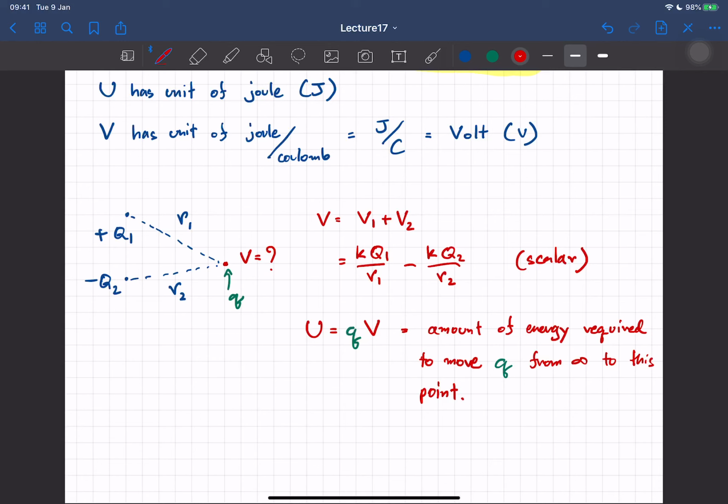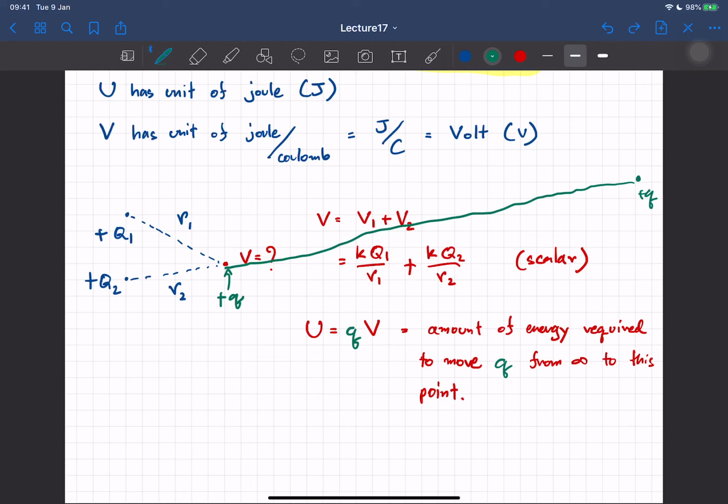So imagine this situation where this is positive, this is positive, and small q is also positive. Let's say these two are fixed, so they don't move. Everything is positive, so they want to repel each other. So if you want to move plus q from really far away, you have to fight against the repelling force from Q1 and Q2 in order to reach this point.